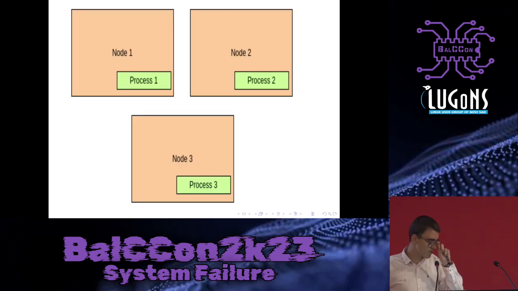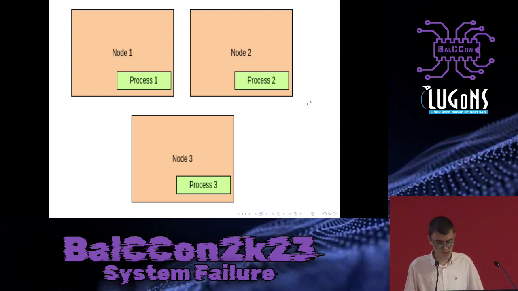Okay. So we have 3 nodes, and every node is running one instance of a certain service. That service has the responsibility to serve some requests from clients. And when we have requests from clients, we do some kind of load balancing, meaning that some requests from some clients will go to node 1 and process 1.